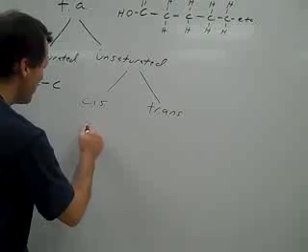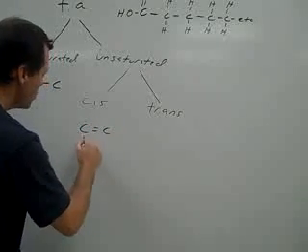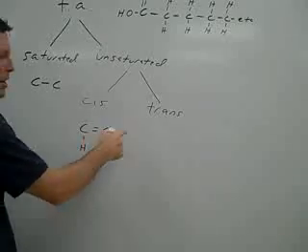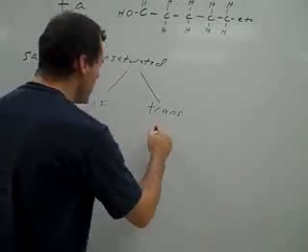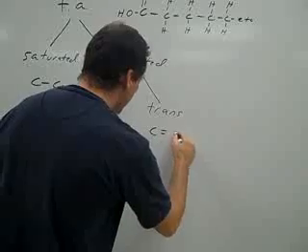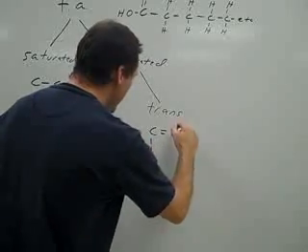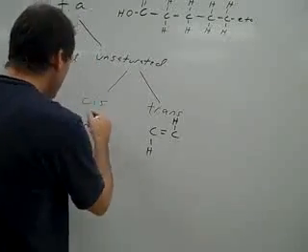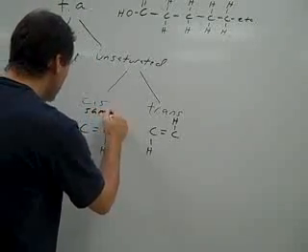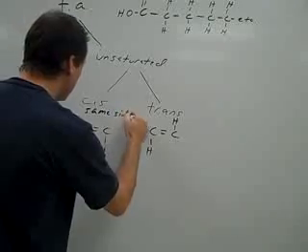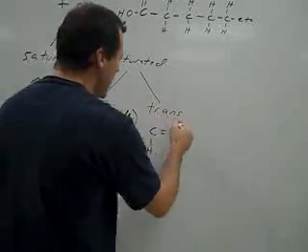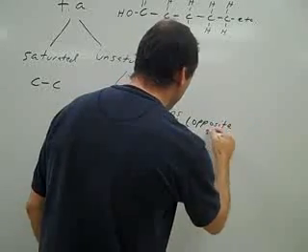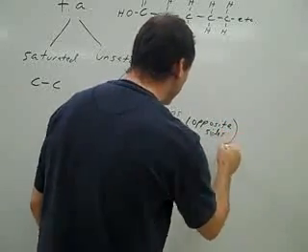Cis fatty acids have the hydrogens on the same side of the double bond, and trans fatty acids have the hydrogens on opposite sides of the double bond. So cis means the same side, and trans is going to mean opposite sides.